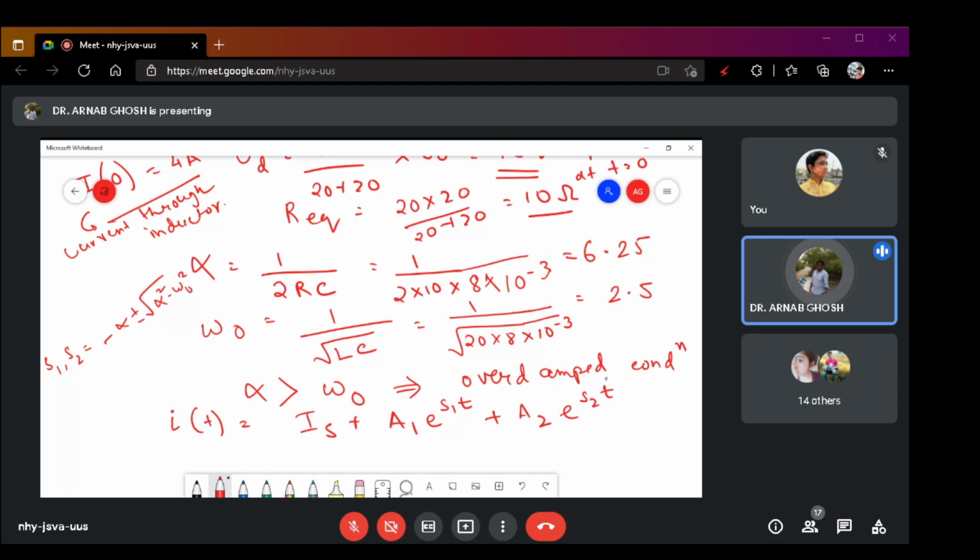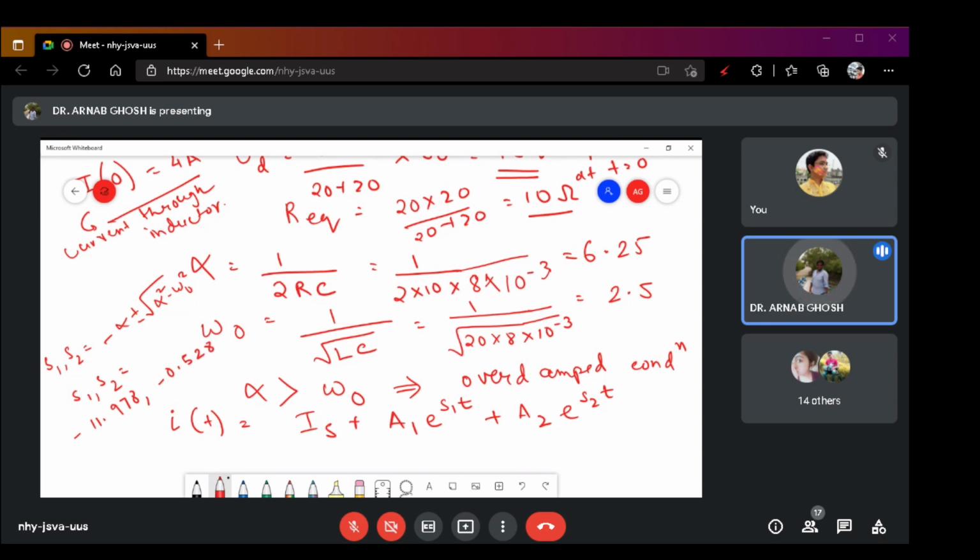So you can calculate S1 and S2, and they will come out to be minus 11.978 and minus 0.528. This I am taking from the book itself.